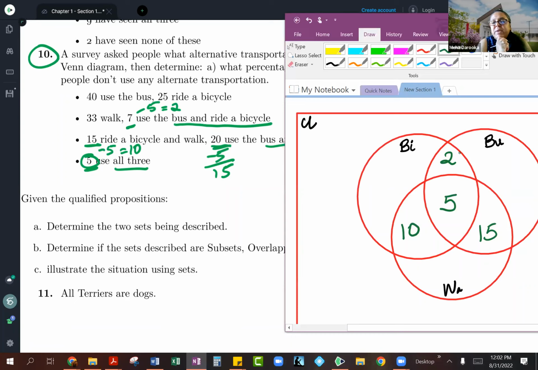Okay, so now that we have all the overlapping areas taken care of, I want you to think about what the only number for bicycle, bus, and walking is going to be. And you will have to take into consideration all the overlapping regions and subtract that from the numbers given to you to come up with these only bus, only bicycle, only walking.